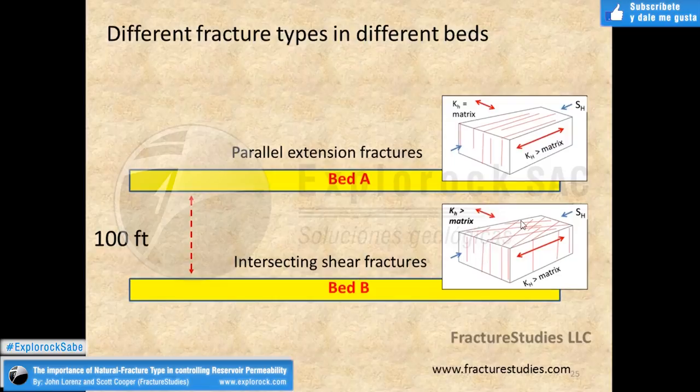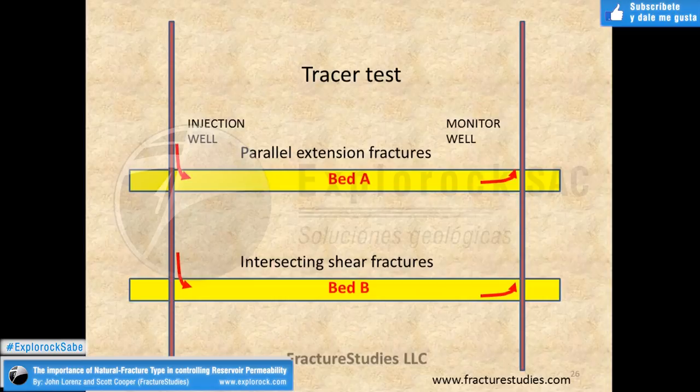And we see a different interconnectivity of the fractures. But we can test these and see how the fluid flow is actually going through these fractures. We can do that by doing a tracer test, pumping it down an injection well on the left and pumping it back out a monitor well on the right and looking for this tracer.